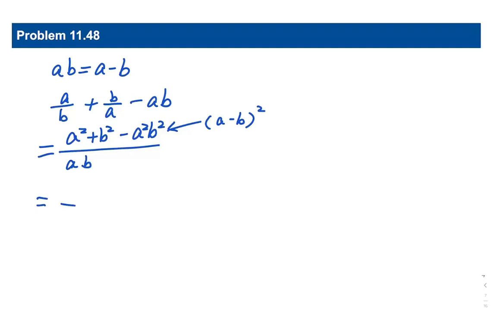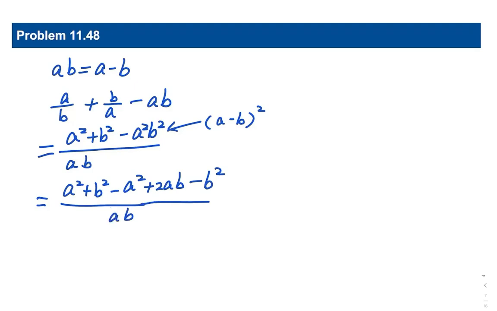So this thing is a squared plus b squared minus a squared plus 2ab minus b squared, then divided by ab. So a squared cancels, b squared cancels. We get 2.